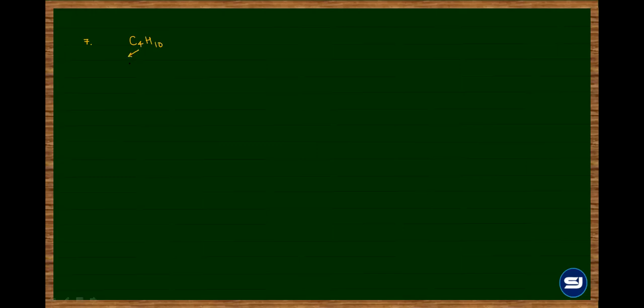So basically this contains n-butane as well as isobutane. If we were talking about how much of the n-butane or isobutane is present, then the proportion would have been important. Now we are talking about the amount of oxygen required for burning.